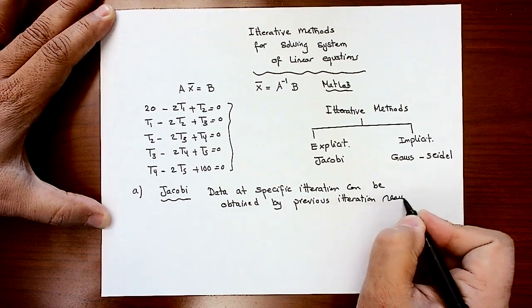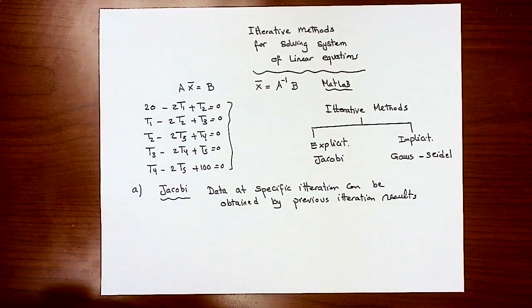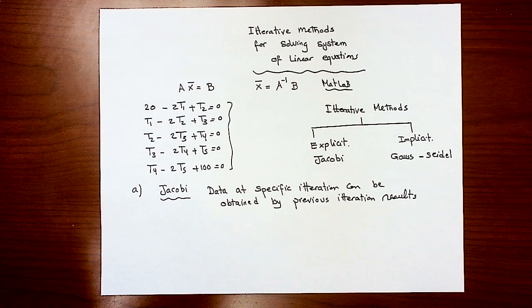So you are marching step by step. You get the data for this step using the previous step. Then you take that current one to get the next one. So for iteration number 3, I will need the data I obtained from iteration number 2. Iteration number 6 only needs the data from iteration number 5. There is no cross-linking here. So one step at a time to get your data.